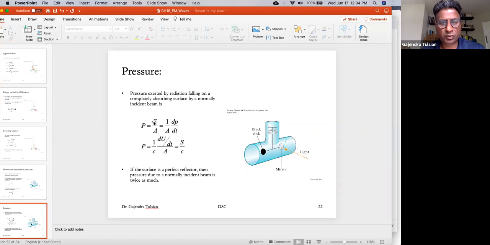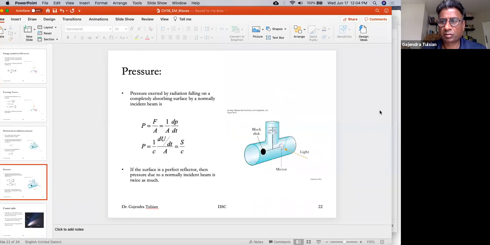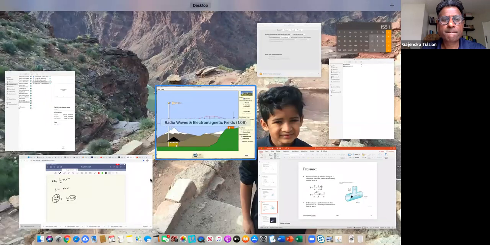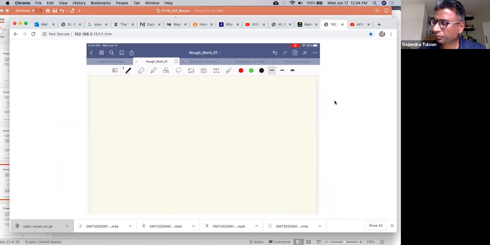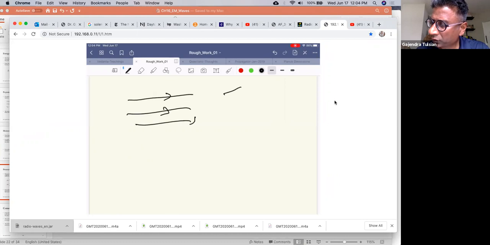So now let's talk about radiation pressure. Here's a beam of light falling on this surface. A beam of light can be thought of as a bunch of photons, and capital P is pressure.